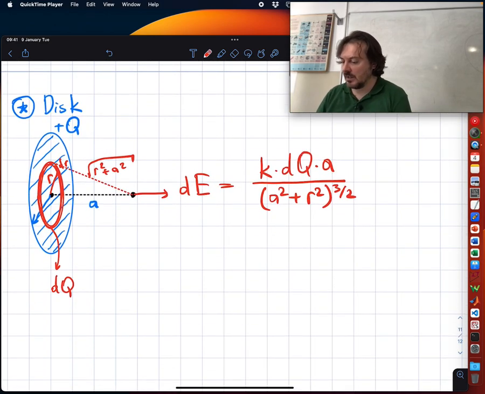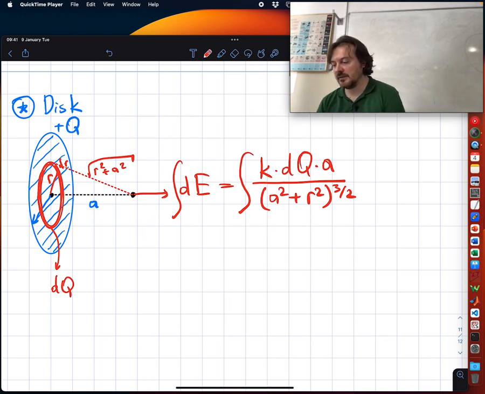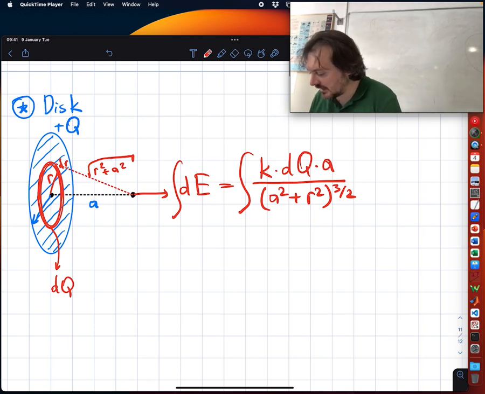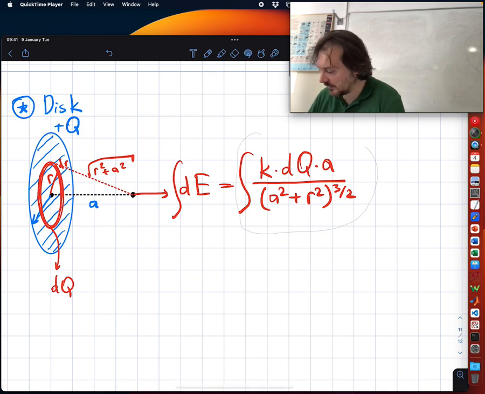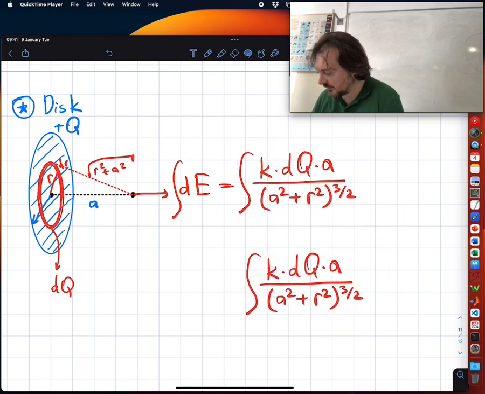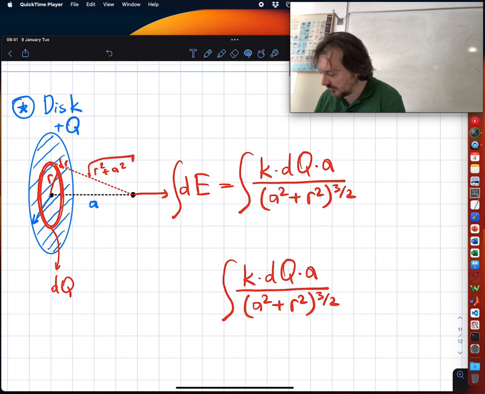Brilliant. Now, if I integrate this, can I still take out everything except dq? Can I just take this, duplicate it, and put the integral over here and dq over here?